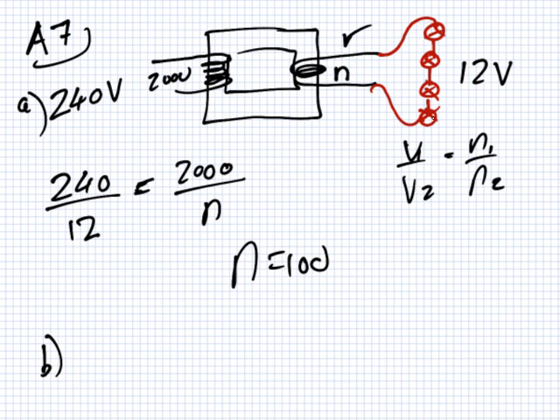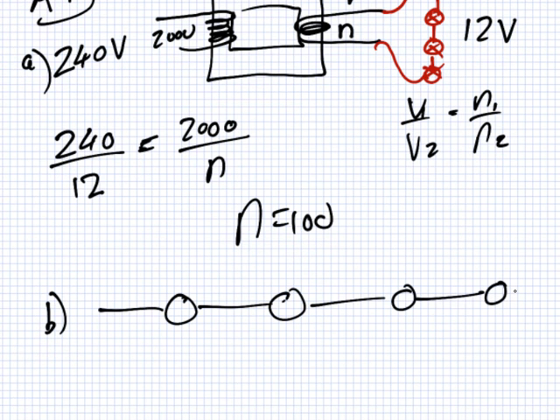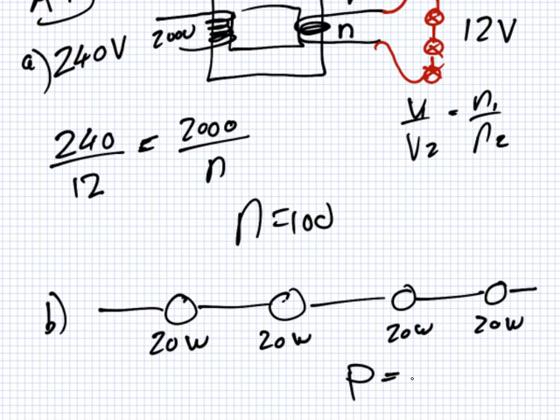What is the resistance of the bulbs? Right, so maybe I'll just draw the picture out separately. This one here is 20 watts, 20 watts, 20 watts, and 20 watts. So the total power is 80 watts.